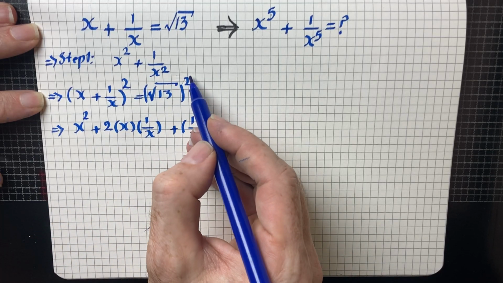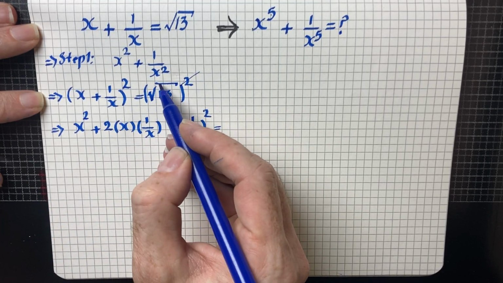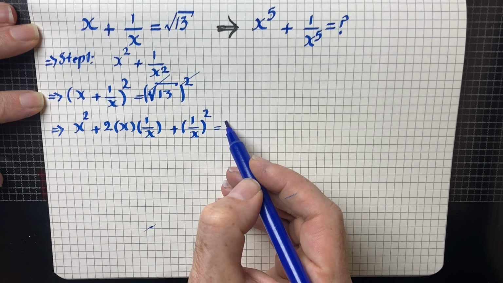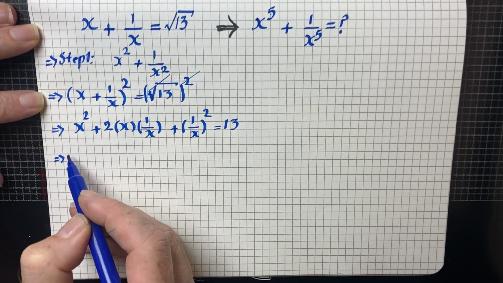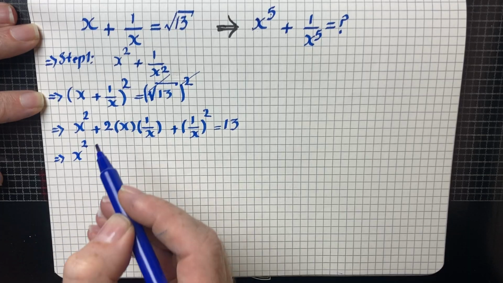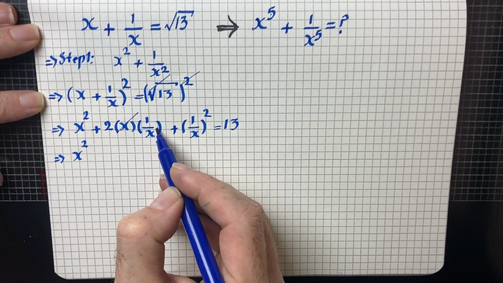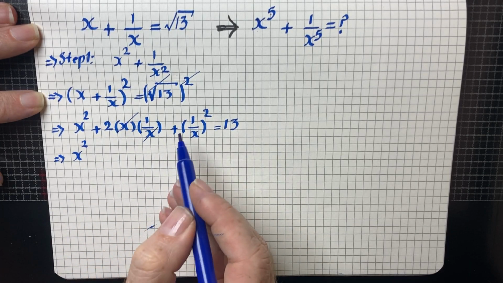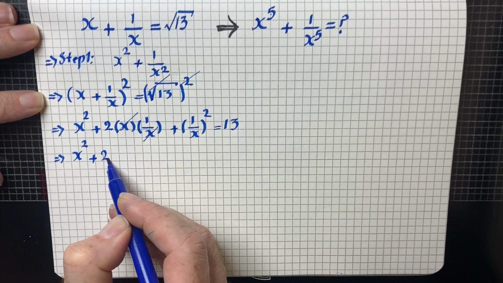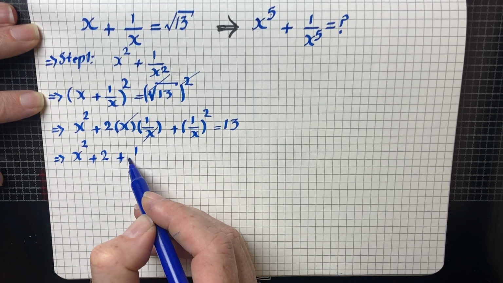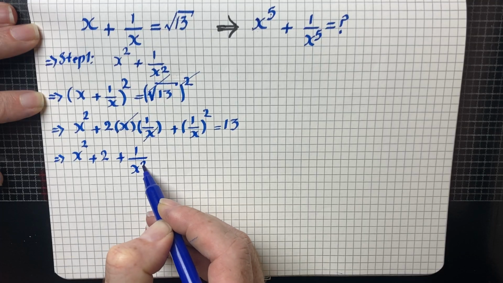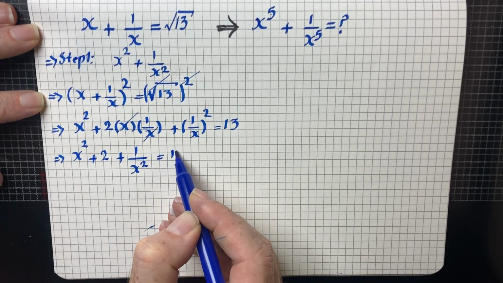Right hand side, this exponent 2 and this square root can be cancelled off, so it is going to be 13. Next, x to the power of 2, I write it here. This x on top and this x on the bottom can be cancelled off, so I write here 2 plus 1 over x to the power of 2 equals 13.